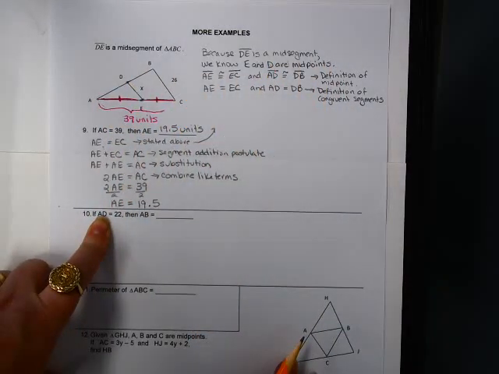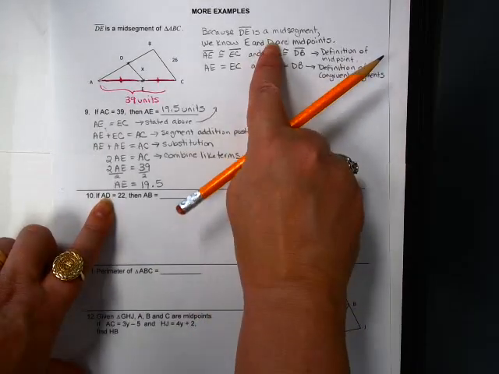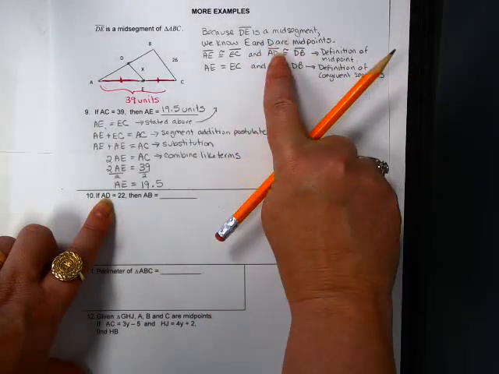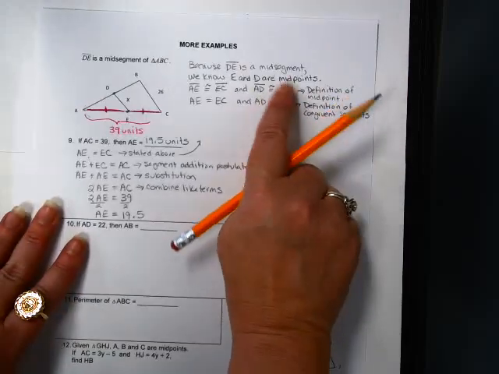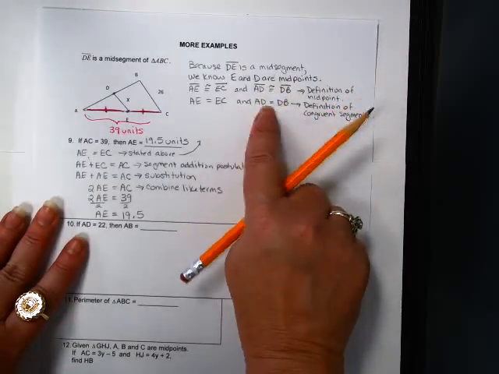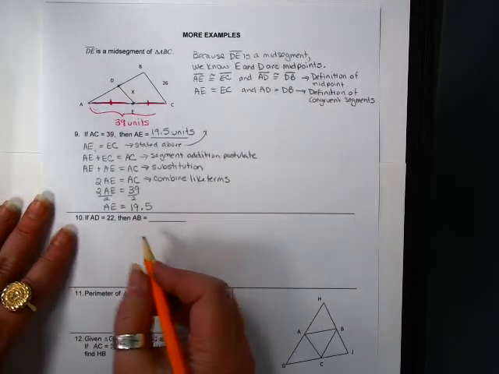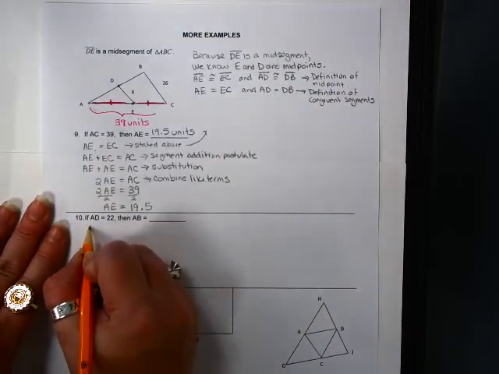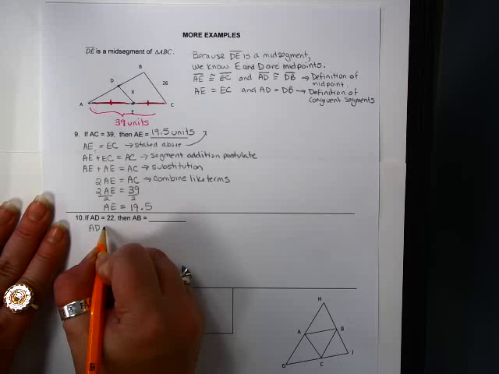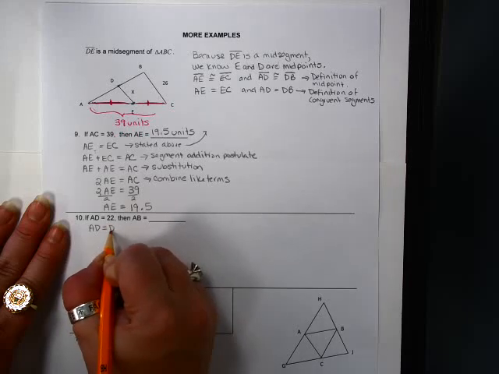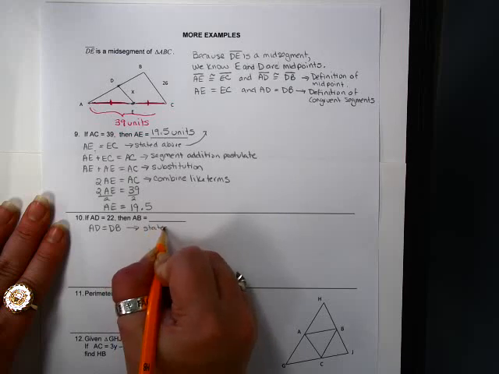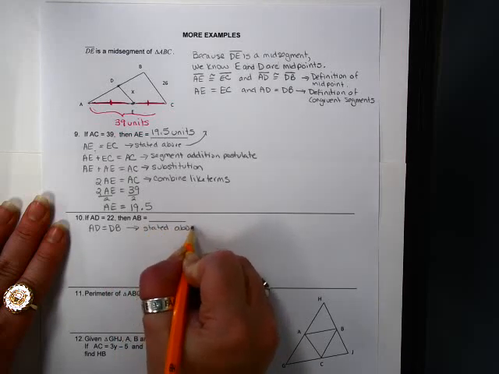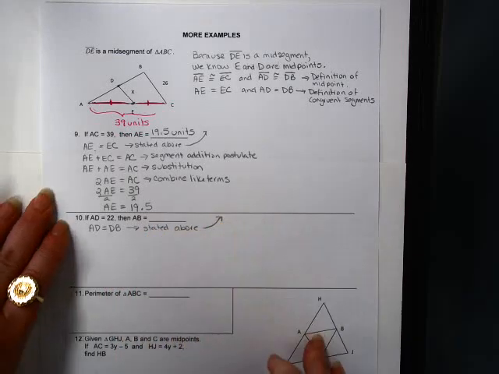From above, we know that D is a midpoint, and that these two segments are congruent, so the distances between those points are equal. So AD equals DB, as stated above.